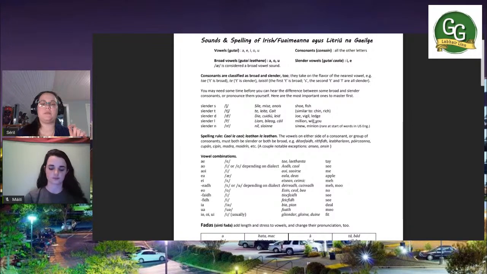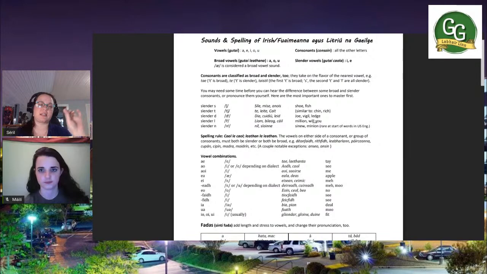But then we have liam, biljog, and kal, and so it has that little bit of an I to it. Think of the L's in million or will you. So it's that sliding into the Y sound, but you kind of memorize that as you memorize how to say the word.